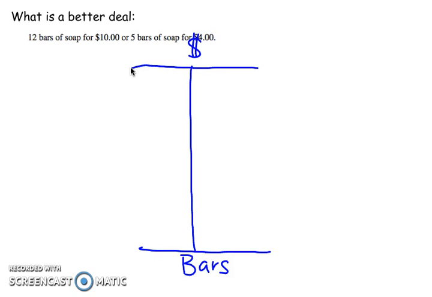So the first one was $10 for 12 bars of soap. The next one is $4 for 5 bars of soap. So I'm going to do 10 divided by 12 and find out that unit rate.